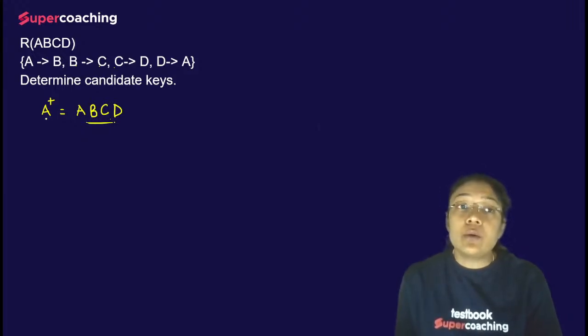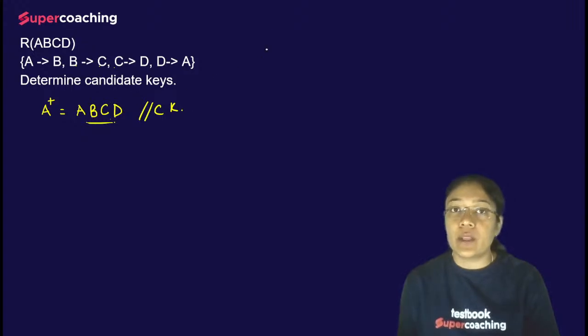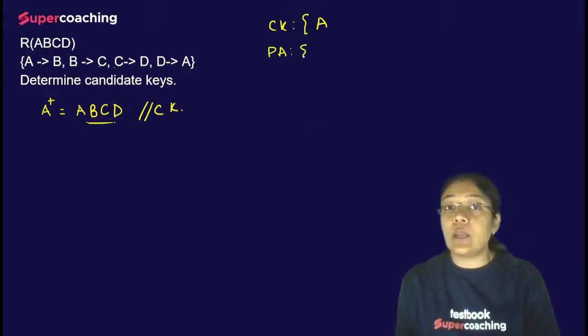But here we are getting a single attribute key, or we can say a simple super key, whose subset is not possible. So directly I can call this a candidate key because a subset is not possible here, right? So we have got one candidate key, that is A, and we know that prime attributes are the key attributes. So A will also be the prime attribute.